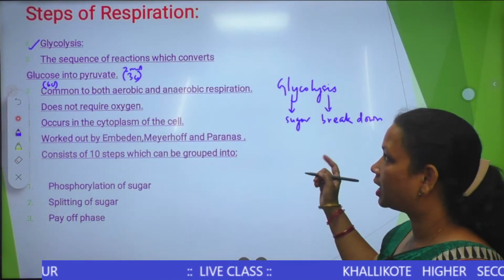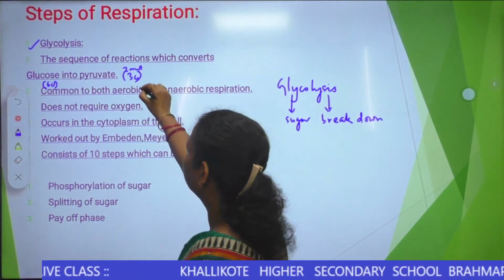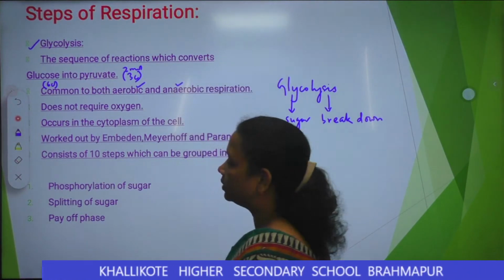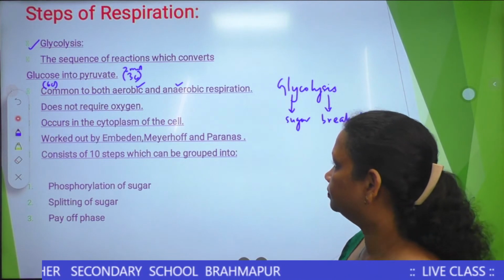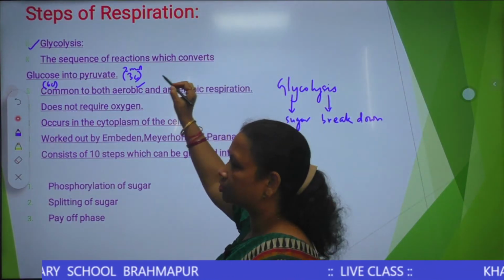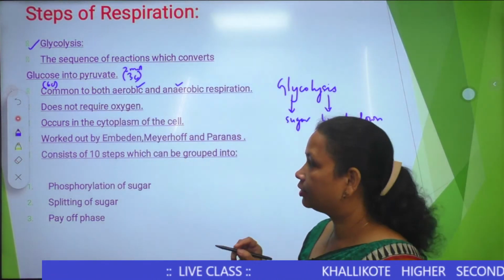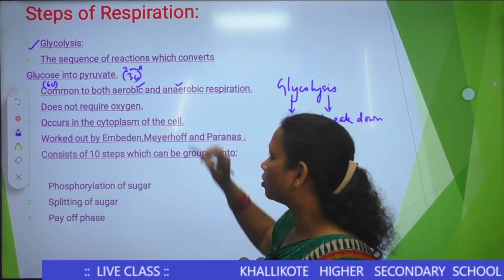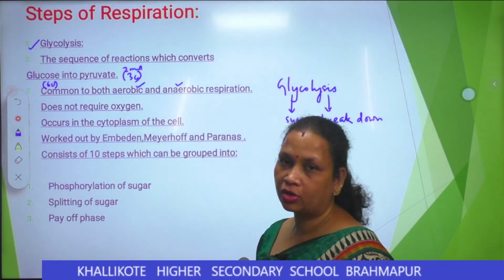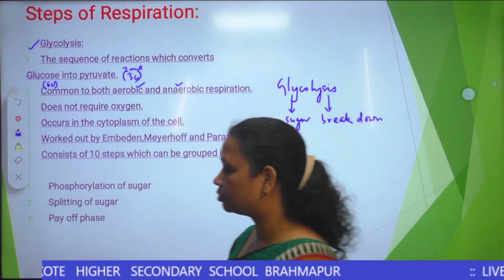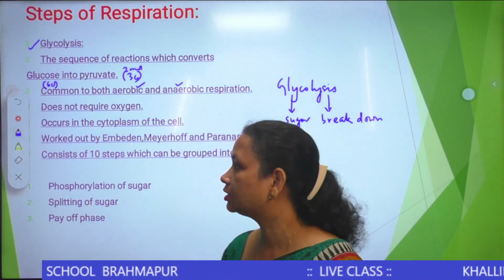So, this path of glycolysis is common to both aerobic as well as anaerobic respiration. What we mean by common path is the conversion of glucose into pyruvate occurs in both aerobic as well as anaerobic respiration. After pyruvate is formed, the breakdown of pyruvate will depend on whether oxygen is present or not.